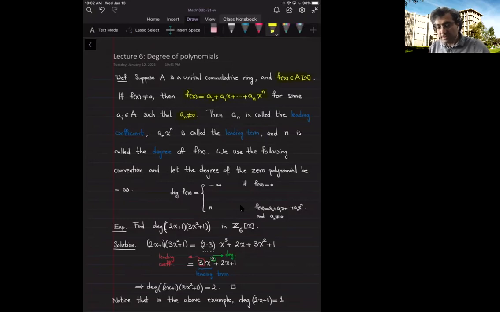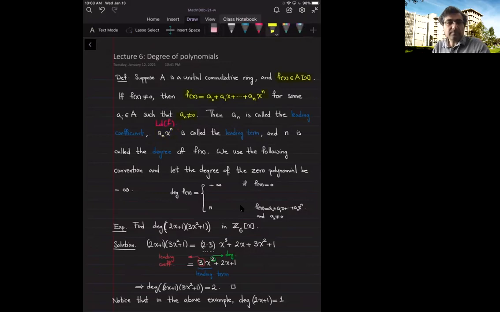In that case, the term a sub n x to the n is called the leading term of the polynomial f. I'm going to denote this by LD, the leading term of f.